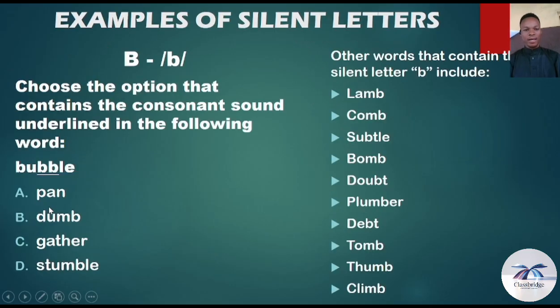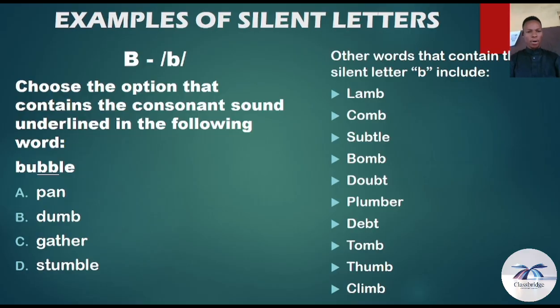That is why you have to be very careful that you should know sounds are different from letters. You cannot determine the pronunciation of a word by the spelling of that word. The day you begin to mistake pronunciation with spelling, then there will be a problem. Acknowledge the reality that not all words are pronounced the same way they are spelled.